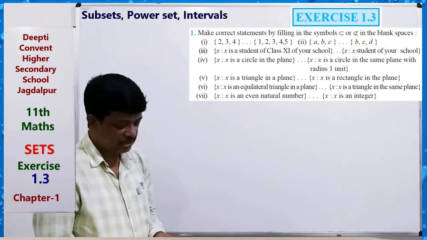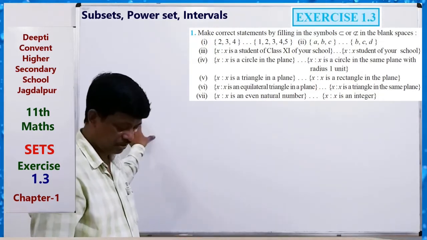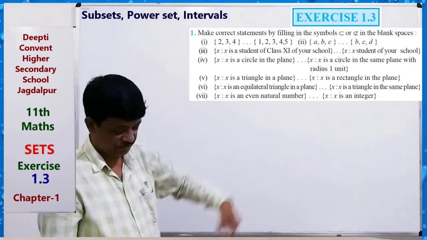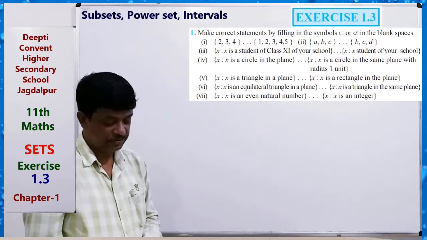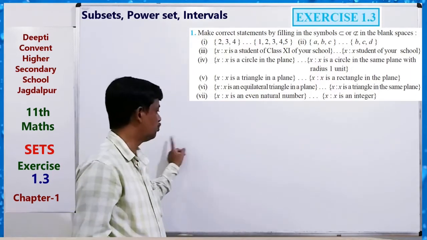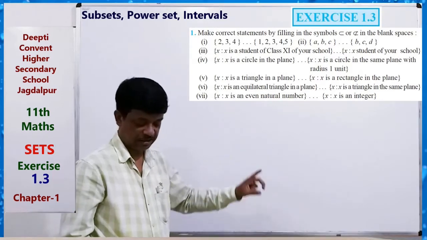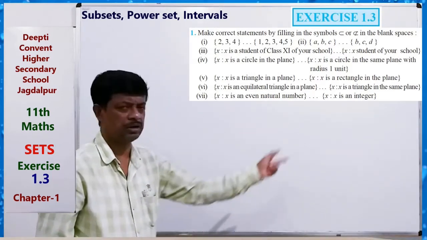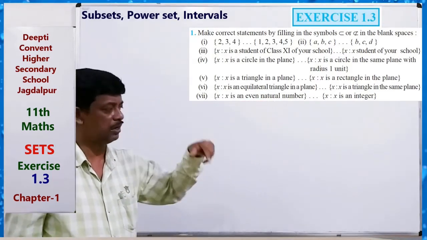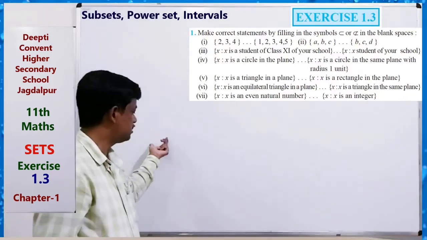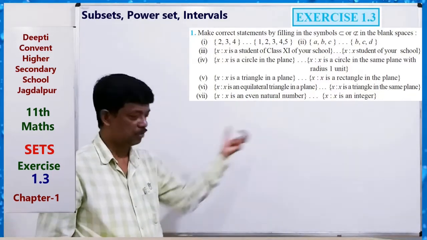X is an even natural number on this side, and on the right hand side X is an integer. Even natural numbers are 2, 4, 6, 8 and so on, and on the right side integers are all the numbers 1, 2, 3, 4, 5 and negative numbers. So this is a particular part of that set.